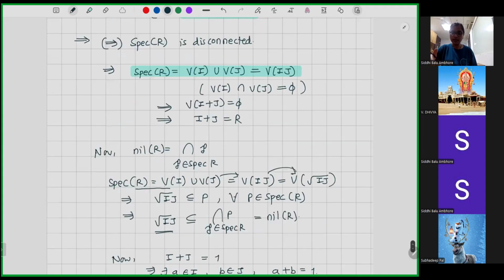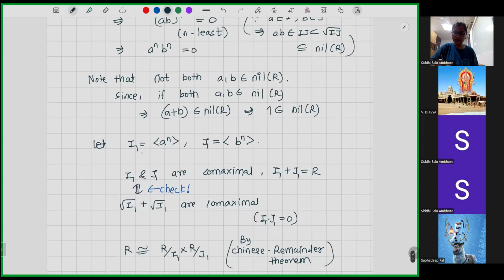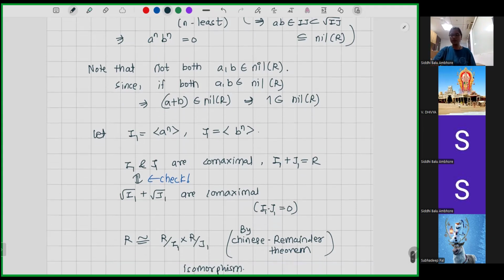Earlier I and J were these different ideals, and now I1 and J1 are different. I and J were what we started with, and I1 and J1 are these two ideals. So I1 and J1 are co-maximal, and the radicals of I and J are co-maximal, and so on.